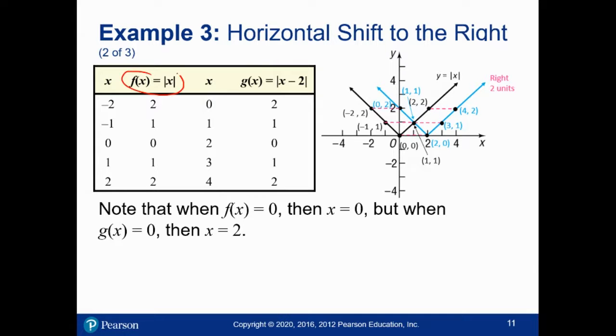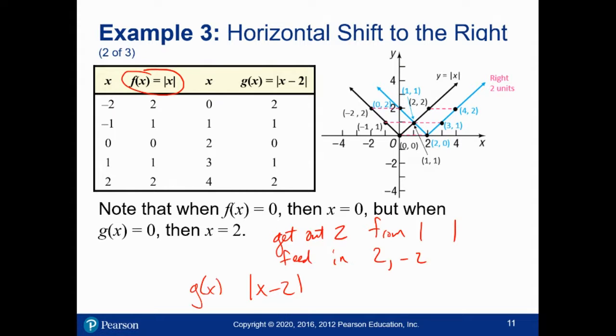Okay. So how do I end up with the absolute value function spitting out a 2? Okay, so to get out a 2 from the absolute value function, you need to feed in 2 or maybe minus 2. Our function is the absolute value of x minus 2.